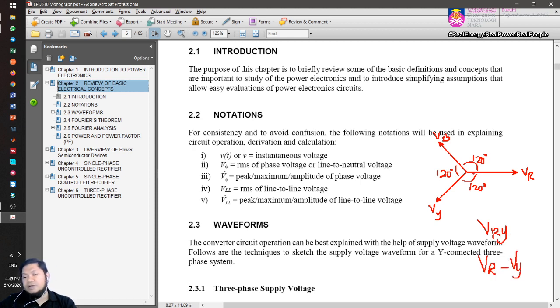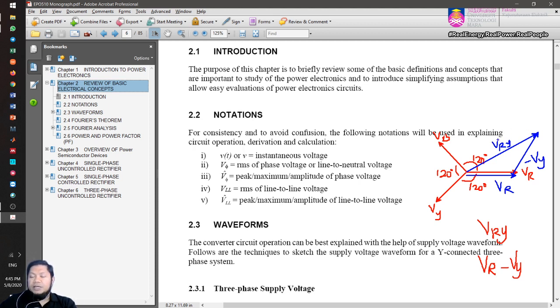In the phasor diagram, this is my V red, and at the end of the tip of VR you have minus Vy, the opposite of Vy. That gives you the line-to-line voltage between red and yellow, so this is V red-yellow.